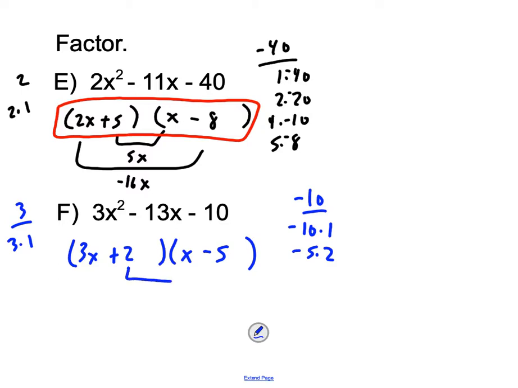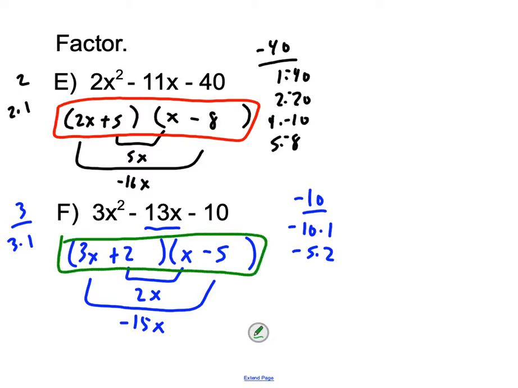Does that work? I've got 2x and then negative 15x. Yes, that adds to give me negative 13x. 2x plus a negative 15x does give me a negative 13x. So there it is factored.